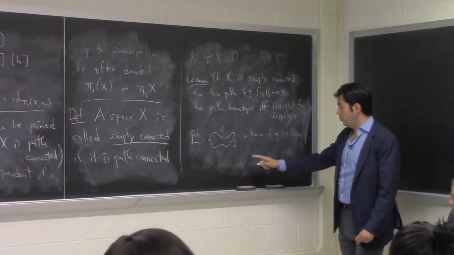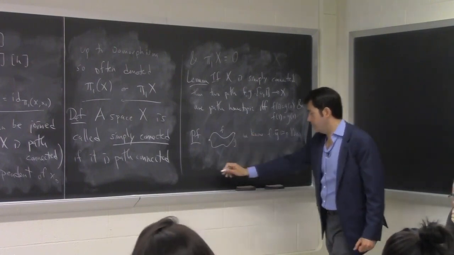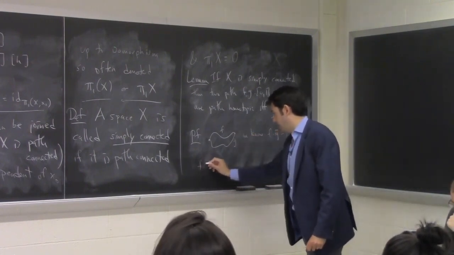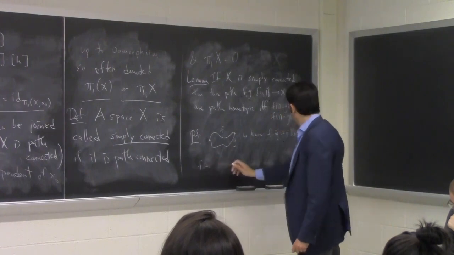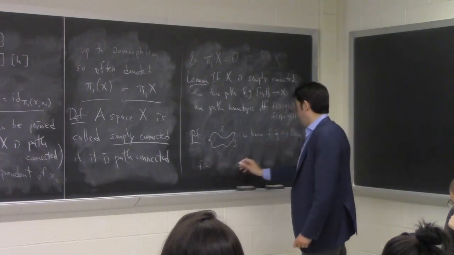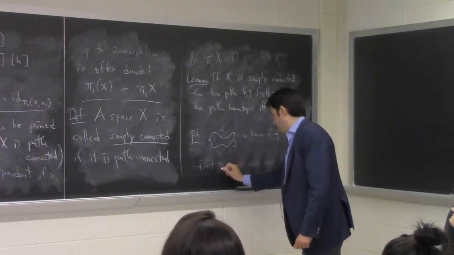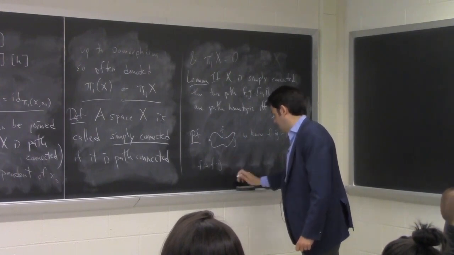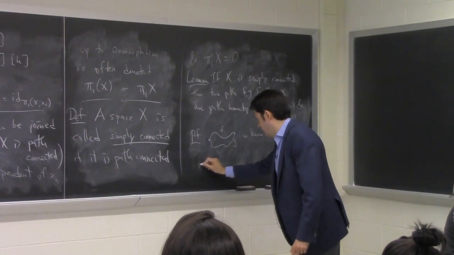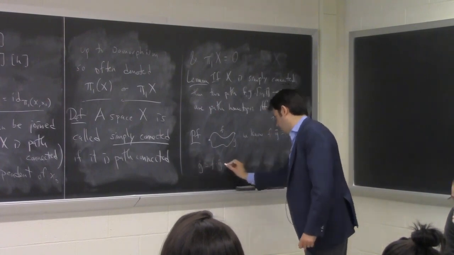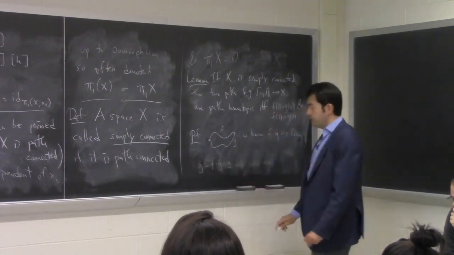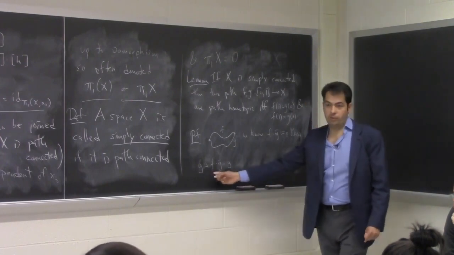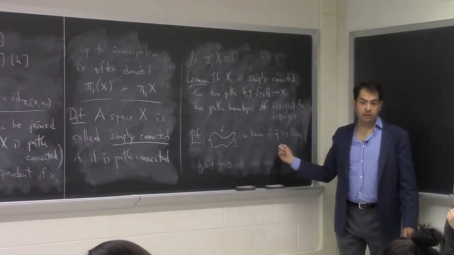Right? So great. We want to show that these are path homotopic. Well, f is path homotopic to f dot g bar. No, I want to start with g, I guess. g is path homotopic to f dot g bar dot g, because this is homotopic to doing nothing.